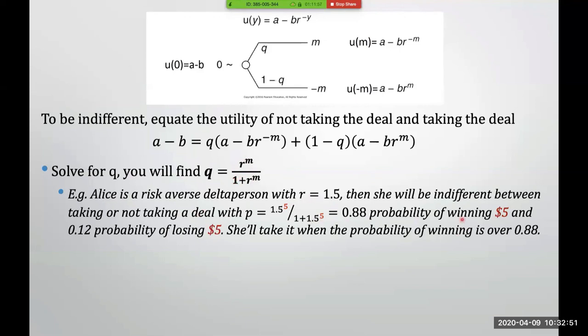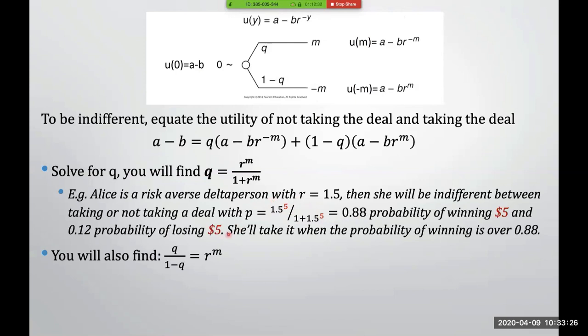Since we're looking at a binary deal of winning or losing $5, meaning the stake is $5, that means R raised to the power of 5 over 1 plus the R value raised to the power of 5. And if you use your calculator, that corresponds to 88%, okay, 0.88. Similarly, this Q only is the preference probability when M is at stake.